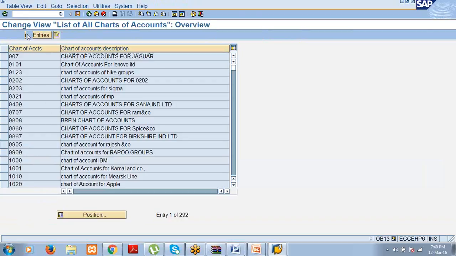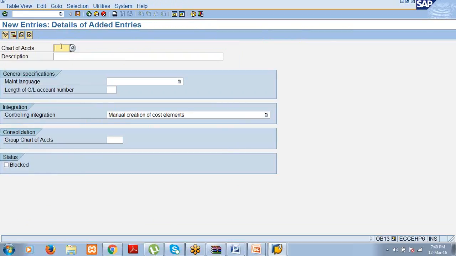Click on new entries. Chart of accounts is equal to, give some name. I am using our company code name only, 3699, so that we can remember easily. What is our chart of accounts? 3699. What is our business area? 3699. That's how we can easily remember. That's why everywhere I am using our company code name only. Otherwise, if you want, you can use different names.